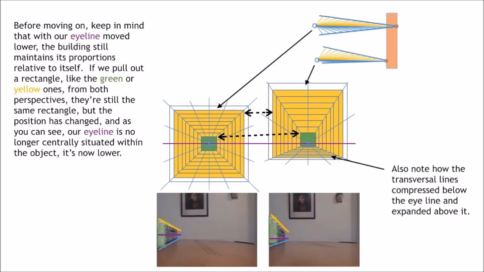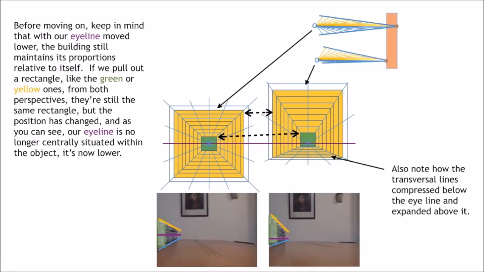They're still the same rectangles, but their position has changed. And as you see, the eyeline is no longer centrally situated within the object, it's now lower. So as we move our observer height down, the vanishing point moves down relative to the object, but the object itself maintains its proportions. So we can look at our bottle example the same way.